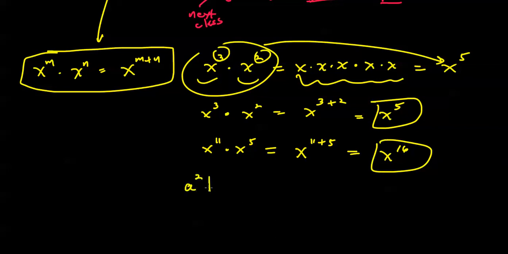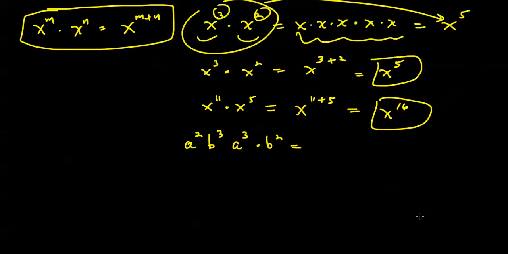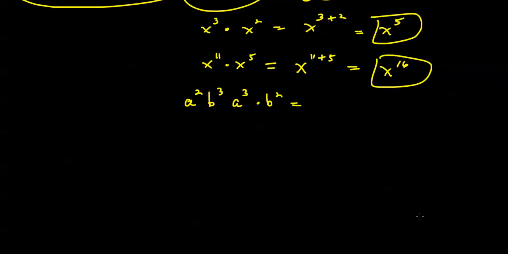a squared times b cubed times a cubed times b squared. Of course, we know that multiplication is commutative. Multiplication is also associative. That means I can rearrange products of factors any way I like. I would probably crunch the factors of a together as a squared times a cubed times, in turn, b cubed times b squared.